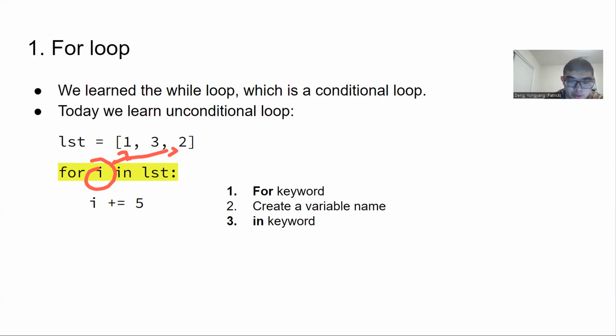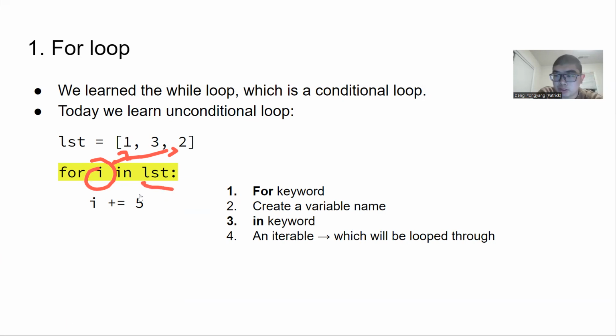We also have the in keyword. The in keyword means that the variable is in the list, and at this position we must have something which is iterable. So how does for work? Suppose I have 1, 3, 2, and i represents a single element in the loop.